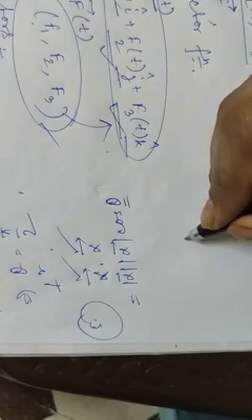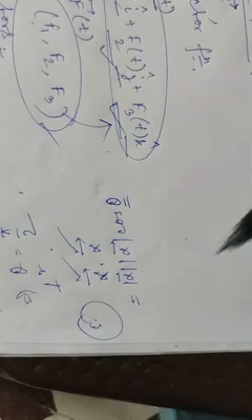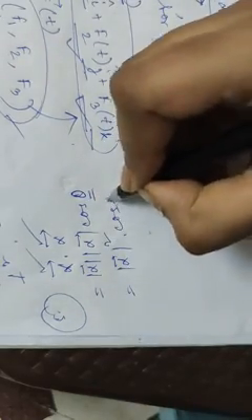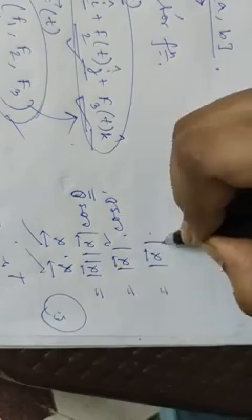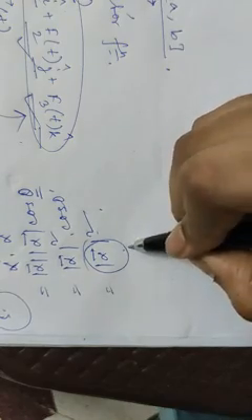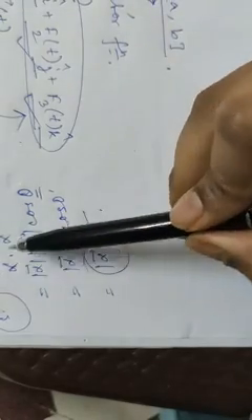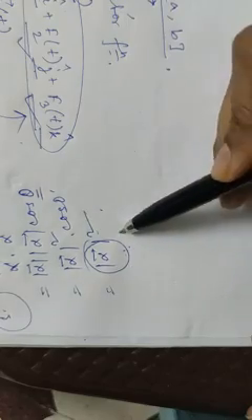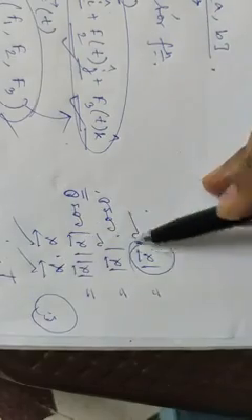They both are the same vector, so the angle between them is 0. So it will be mod alpha squared into cos 0. Cos 0 means 1. That is mod alpha squared. Mod alpha means the magnitude of alpha. That means the scalar product of a vector with itself is equal to the square of its magnitude. That's it. So whenever we get alpha dot alpha, we can write it as mod alpha squared.